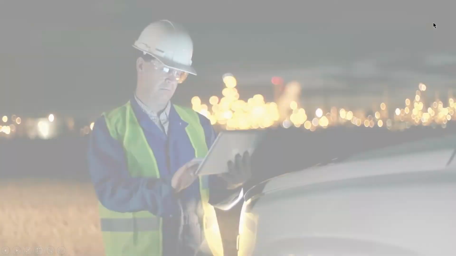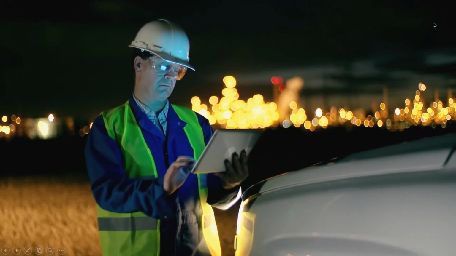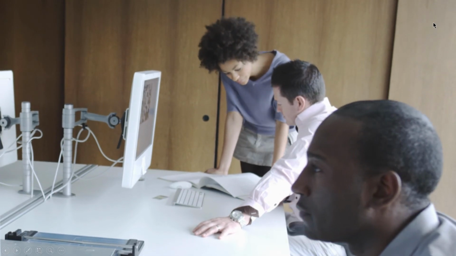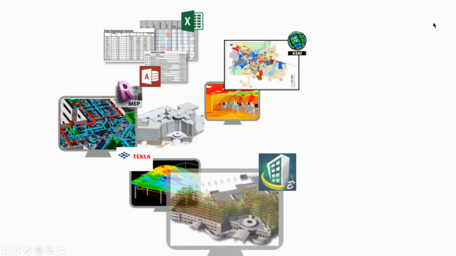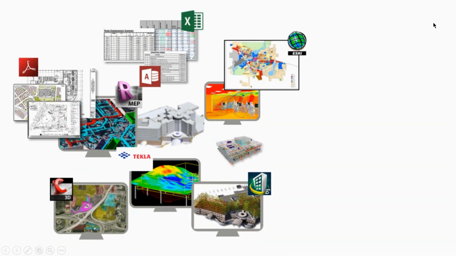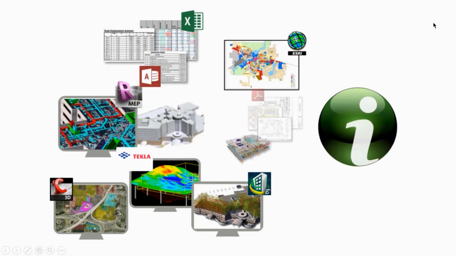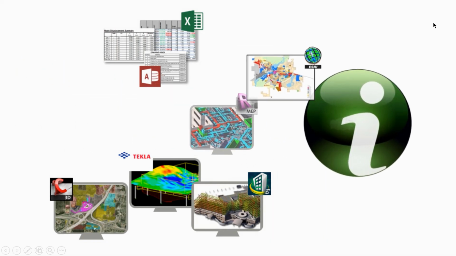Really, it is all about working as a team, whether it's in the design process, the actual construction process, the review process, or when you're actually out in the field. And all of these different file formats are able to come into one place, and that's the iModel. And the iModel has been substantially improved and added to in MicroStation Connect Edition.